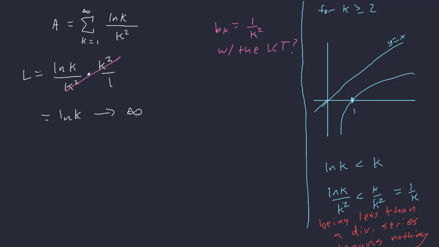And if we take a look back at our limit comparison test, this would be case, I believe it was 3, when L equals infinity, then B diverges implies A diverges.